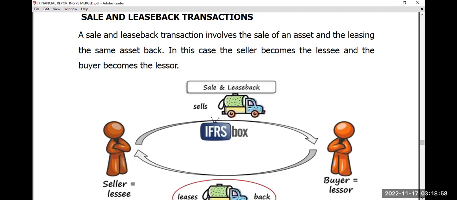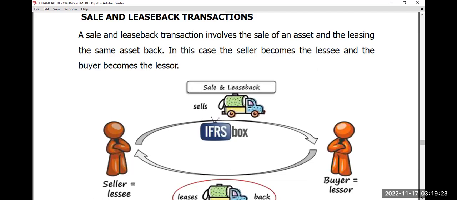Actually, this sale and lease back is one of the most commonly used financing tools. You find that the person sells out the asset and again leases that asset back. It is a sale and lease back. And how does it happen?